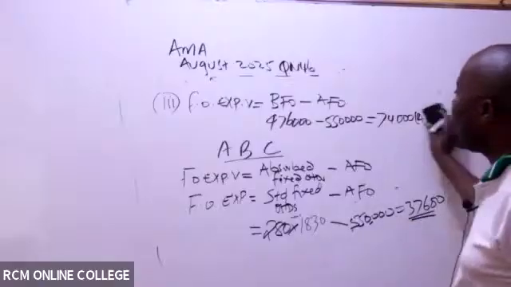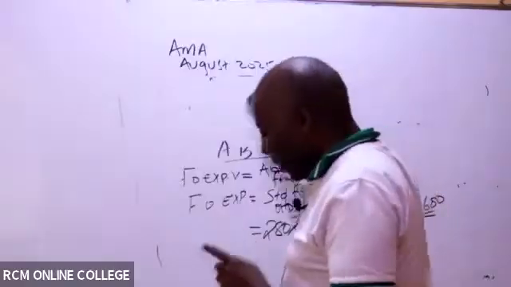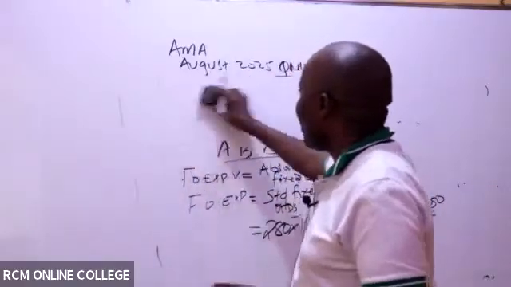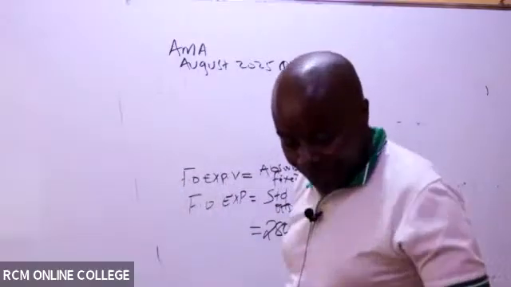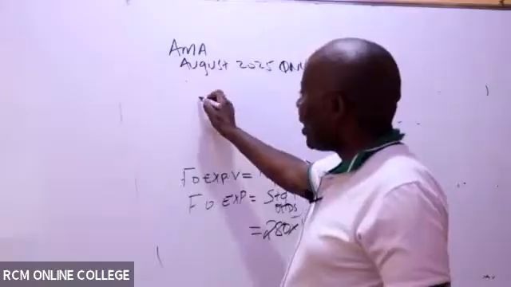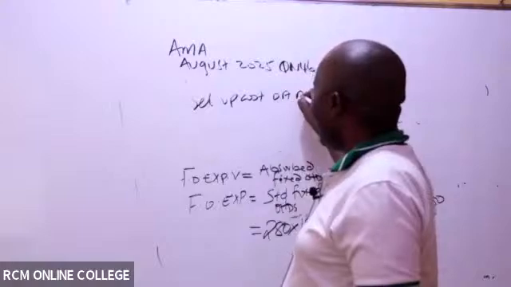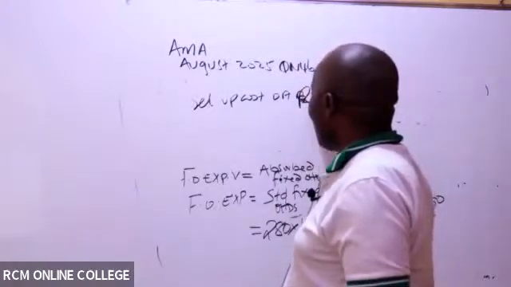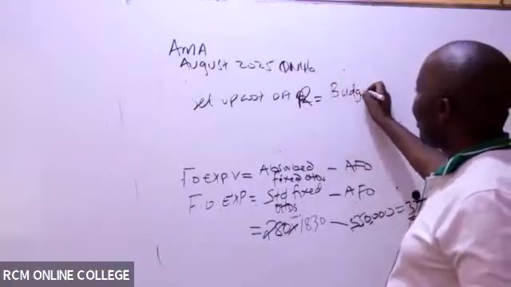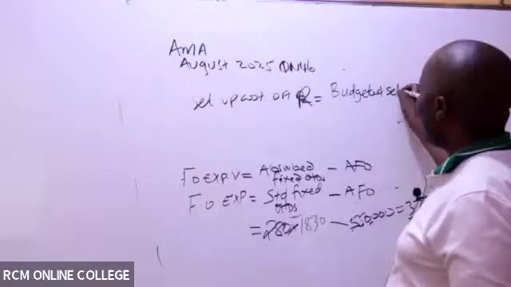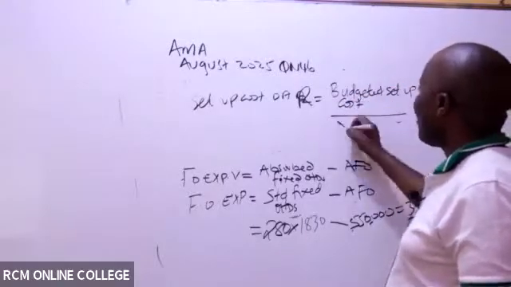So as I repeat, according to what Shayla is requesting, when I see this concept of setups, this is what I normally do. First of all, we get the setup costs overhead absorption rate. So we take the budgeted setup cost all over number of setups.